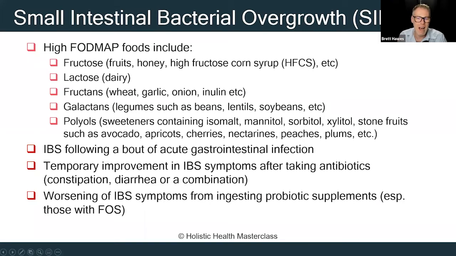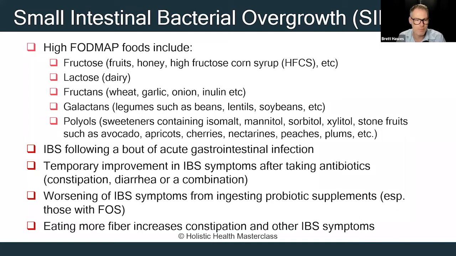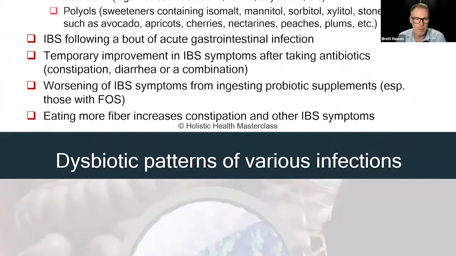When someone says, I react to probiotics, I feel better after taking antibiotics, I react to these FODMAP foods, that is a person right there that I'm almost guaranteed has SIBO. And lastly here, eating more fiber increases constipation and other IBS symptoms. Right, so this is a very short list, but I've really pulled out the essence. And the more boxes here that people check off, the more likelihood it is that they have SIBO. Okay, more on that in just a little bit.